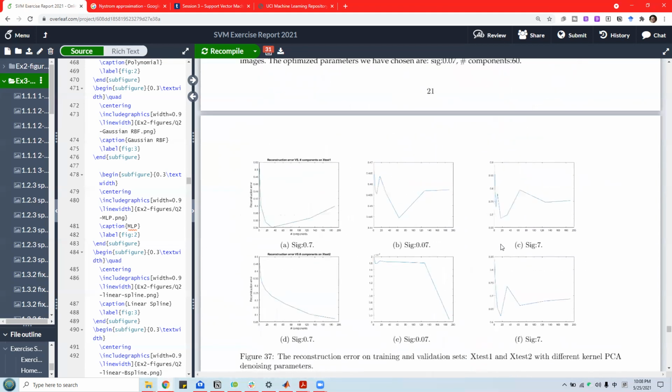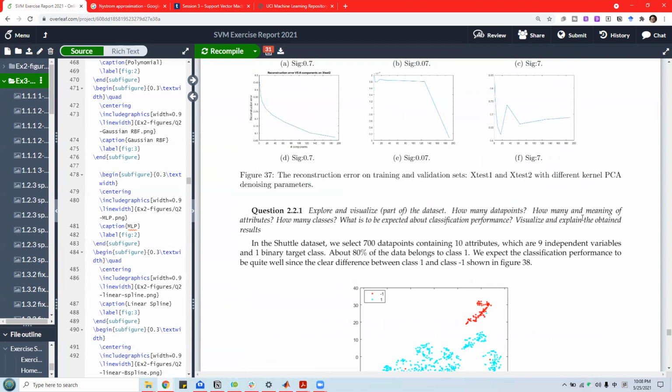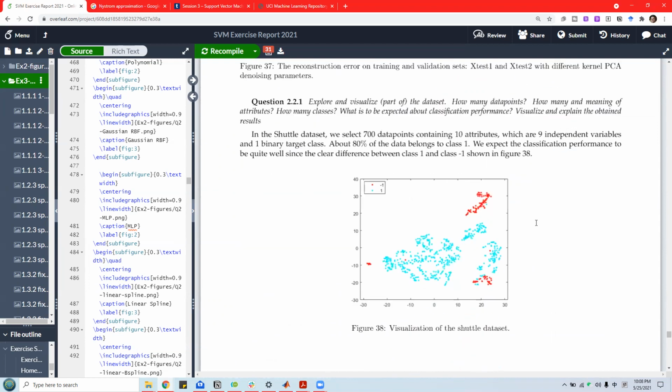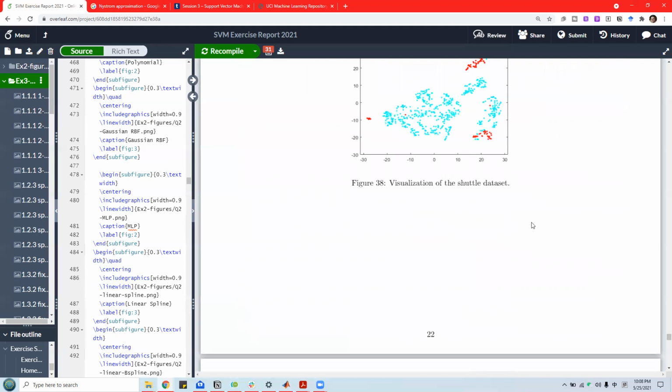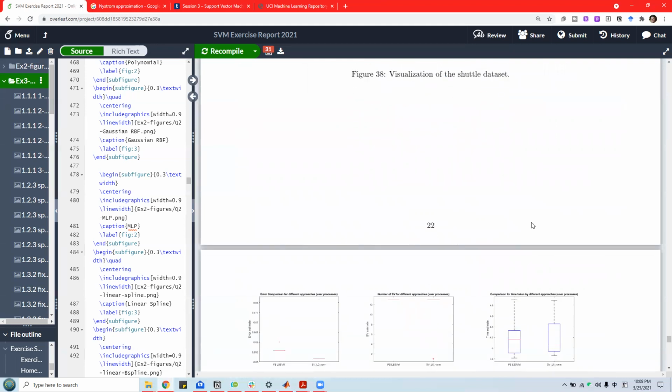For the Shuttle data set, I only know two of the attributes: one is a class and another is time or something. For the rest, I don't know what they mean. I don't know if anyone else finds some information about that.